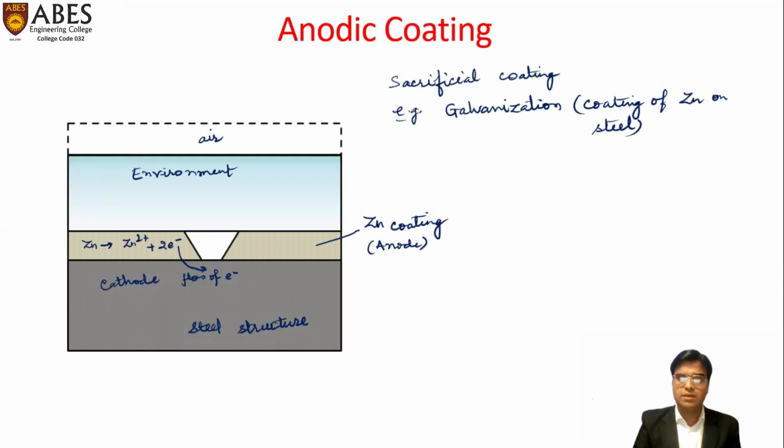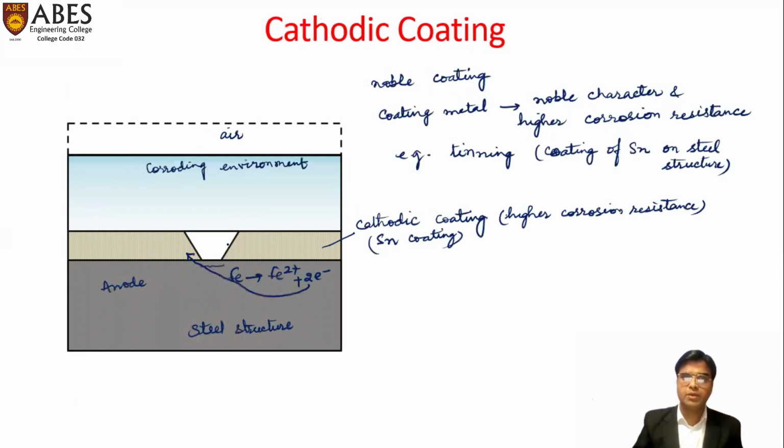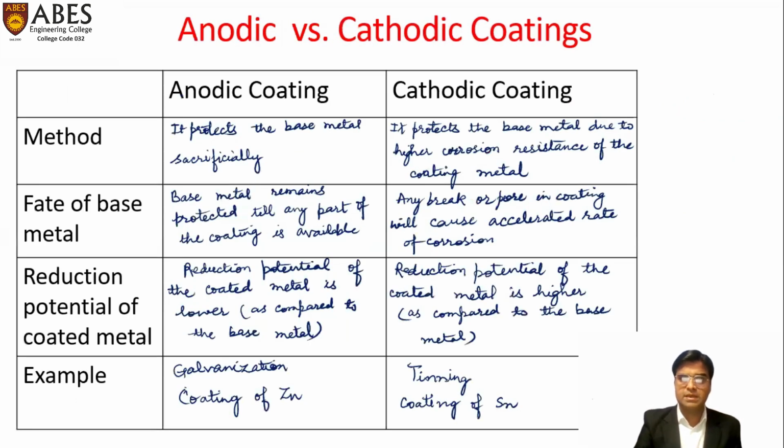Anodic coating is that coating where the metal behaves as a sacrificial coating and the base structure remains protected. And cathodic coating is where the coating is corrosion resistant, it works as a barrier between the underlying base structure and the corroding environment. This is the comparison between anodic and cathodic coating.